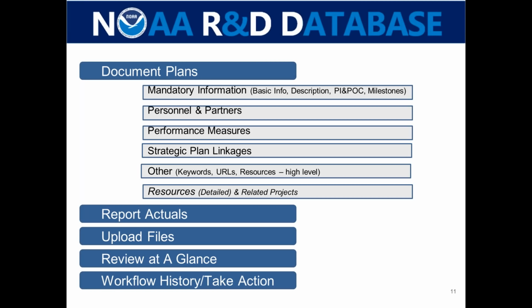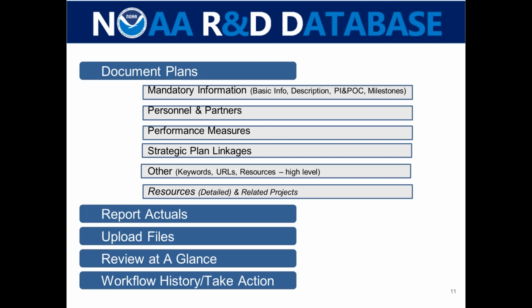But that's the basic information, description, PI, point of contact, and your milestones. Then there's the personnel and partners tab, then the performance measures tab, strategic plan linkages, and then we have a place where you can add keywords, URLs, and your high-level resources. And then finally, we have a tab for the more detailed resources.